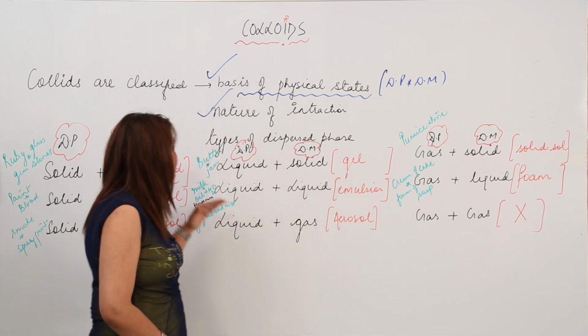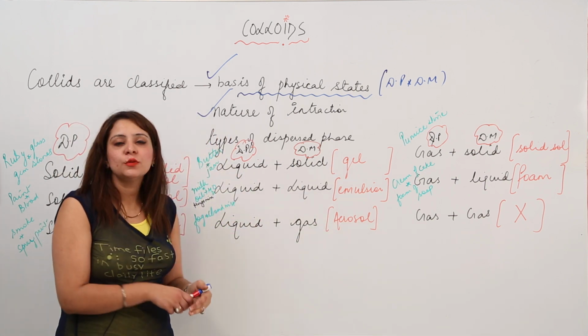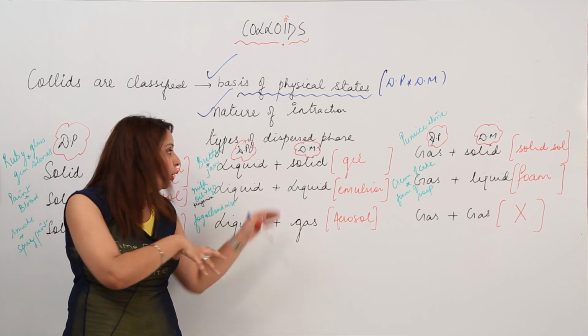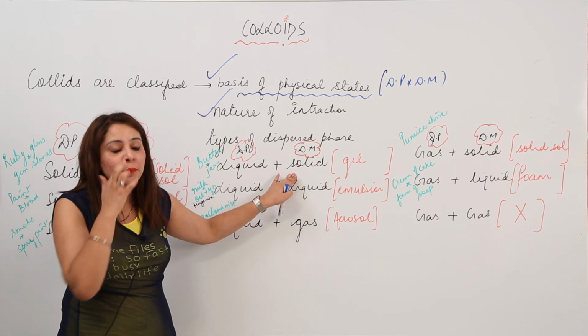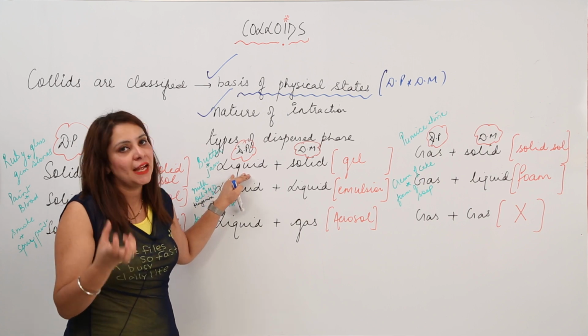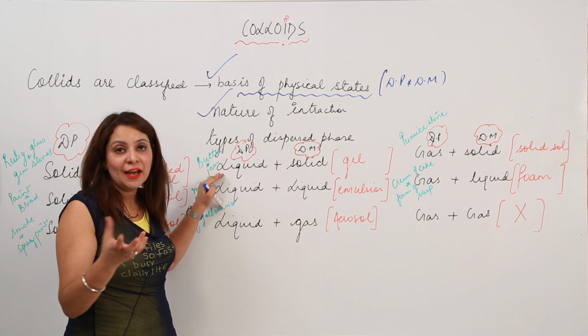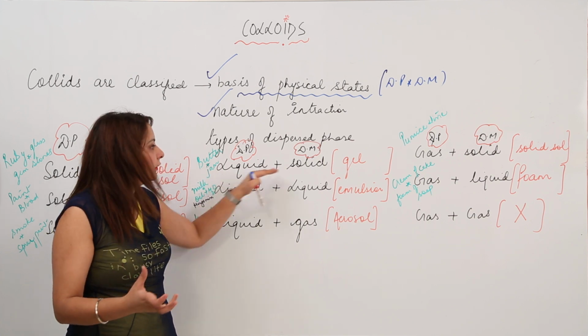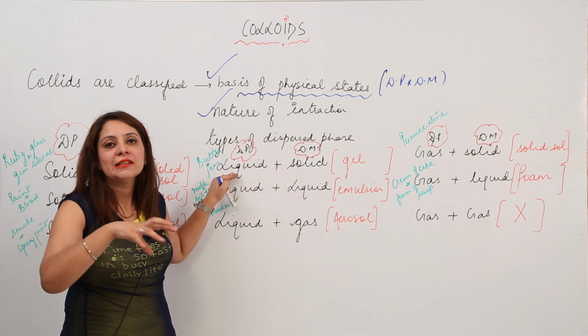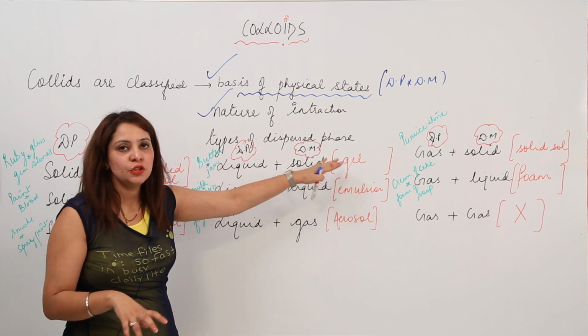So gel is an example. Suppose we have butter. What we get to see in butter is that the medium is solid, but in it there is a liquid substance present. That is why it appears gel like. Likewise, we have jam. Jam is again solid, but it has liquid particles in it, so that is why it is called a gel.